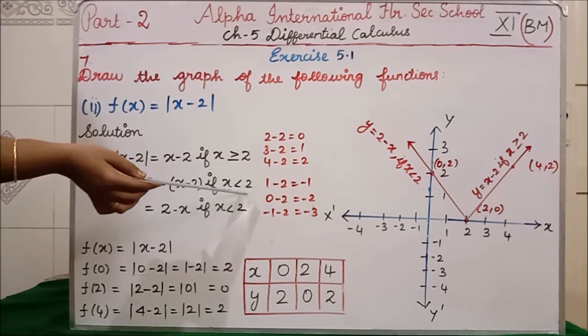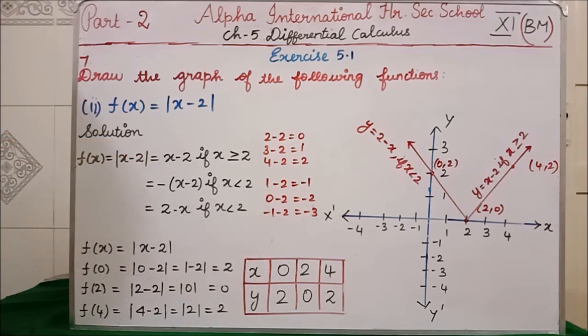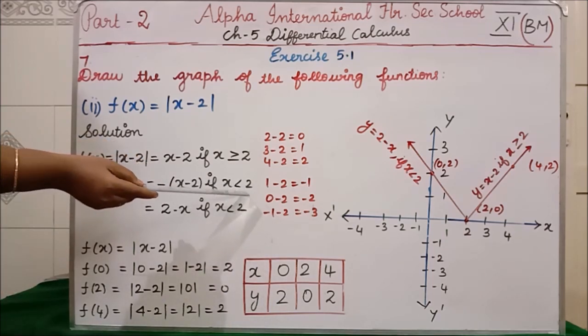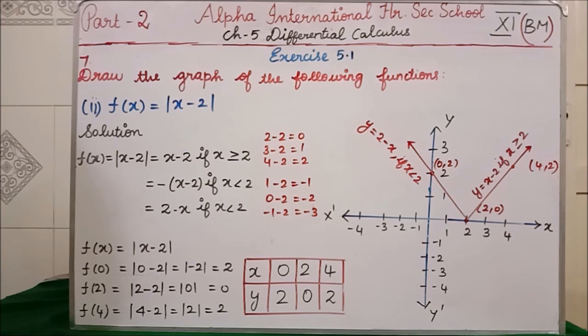If less than or equal to were there, you would have to consider 2, but we don't have that sign. You have to leave 2. Less than 2 is 1, less than 1 is 0, less than 0 is minus 1, minus 2, minus 3, minus 4 and so on. You can give any value.